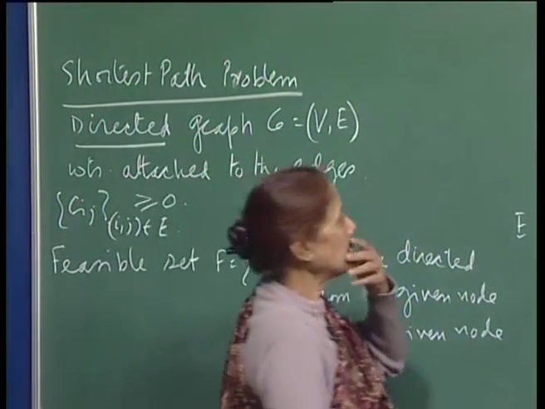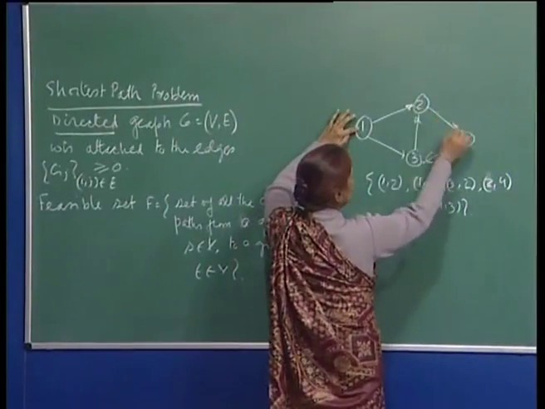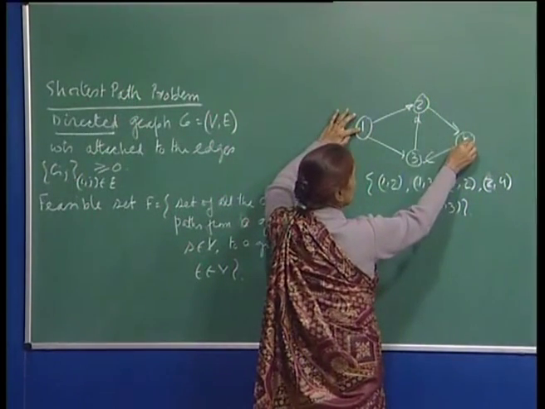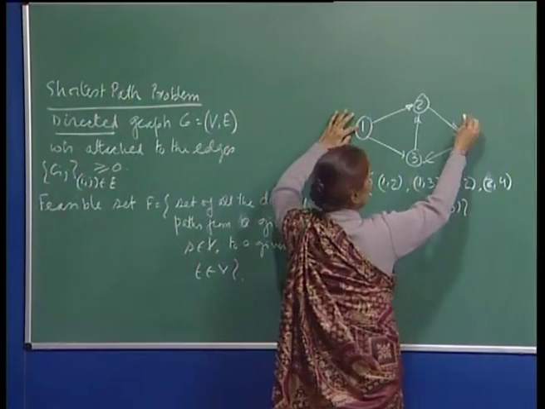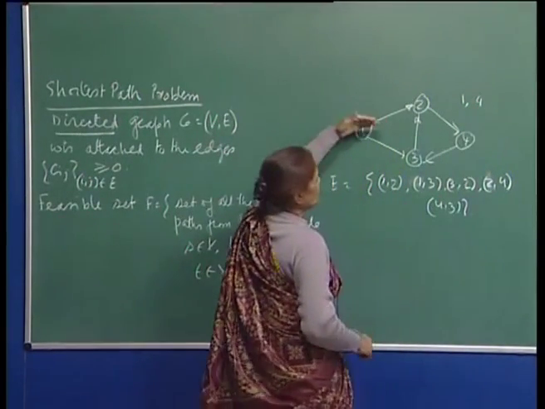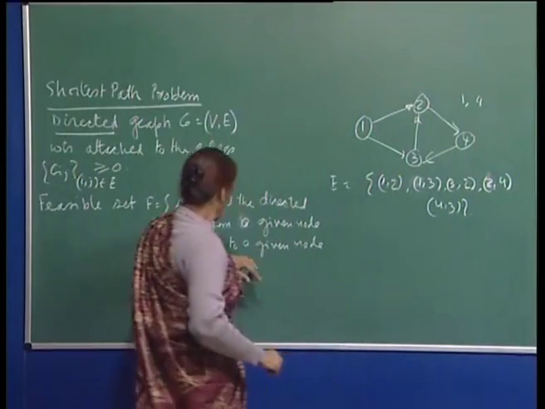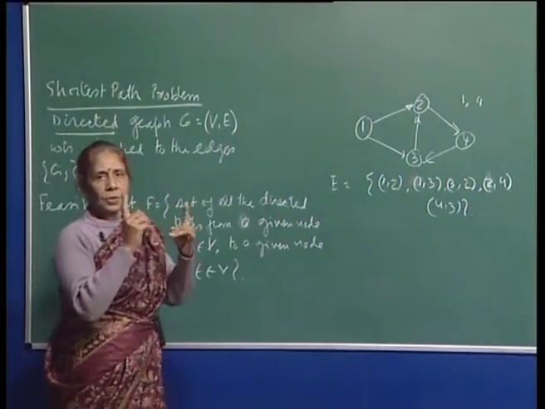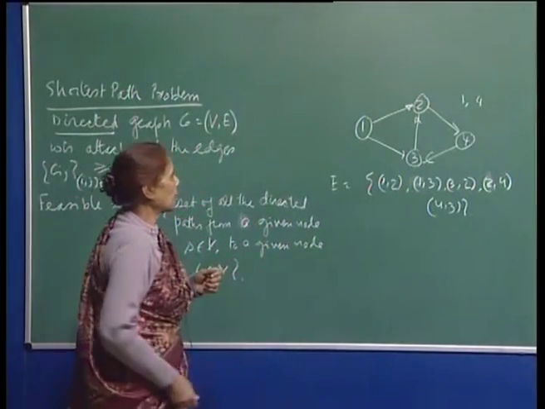For example, here a directed path can be 1, 2, 4, then it can be 1, 3, 2, 4, if my distinguished nodes are 1 and 4. You have to specify S and T right in the beginning, as to what is the pair of nodes through which you want a directed path.